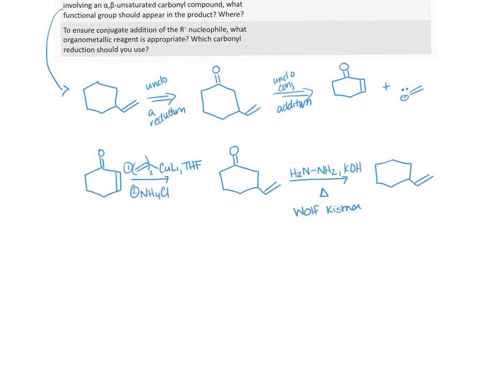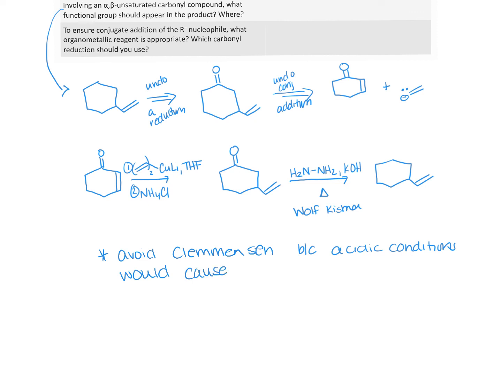That's a Wolff-Kishner, but I want to point out that you should avoid the Clemmensen reduction because there are acidic conditions, and that would cause the C double bond C group to react. So if we use the Clemmensen, this would have a reaction in the side product. We want to avoid that.